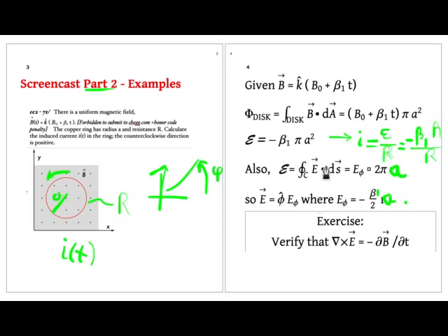Now, I'll leave it as an exercise for you, if you're good at vector calculus, to calculate the curl of E. This would be E phi at the radius a, but obviously I could consider any radius r.